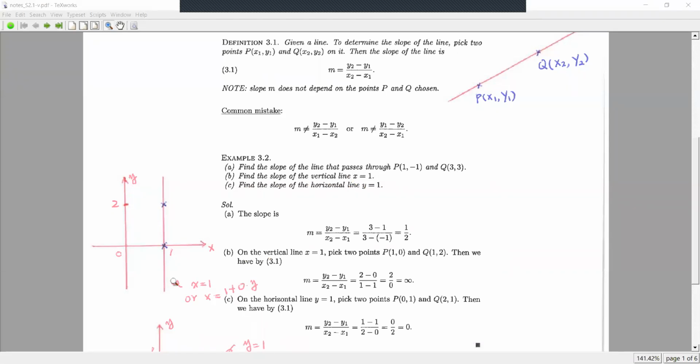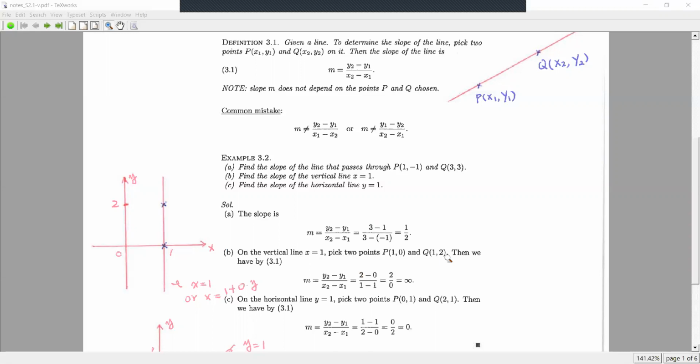How? Arbitrarily pick 2 points on the line. Say, I pick this point and this point. This point is point P, with x and y coordinates 1, 0, and this point is point Q, with x and y coordinates 1, 2.